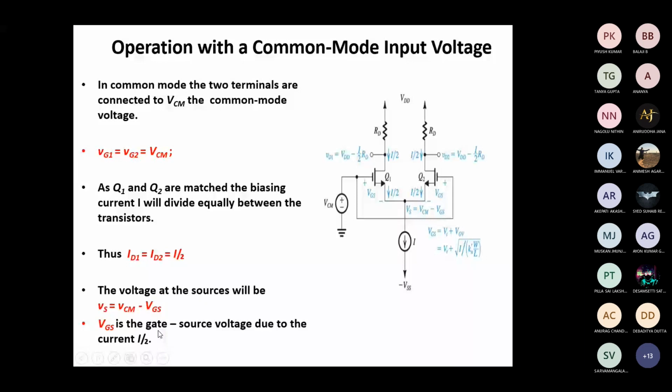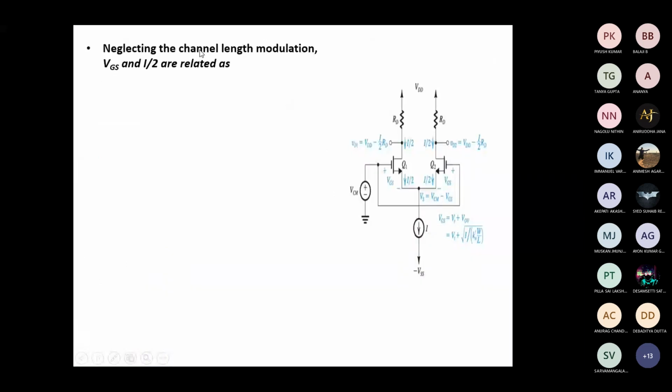Now, neglecting the channel length modulation, we are going to write the current equation. Generally we represent the current equation in terms of Kn dash W by L into VGS minus VT whole square. Here the drain current is I by 2.